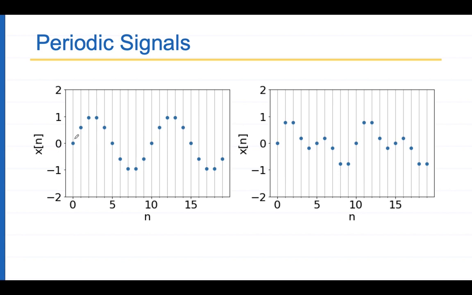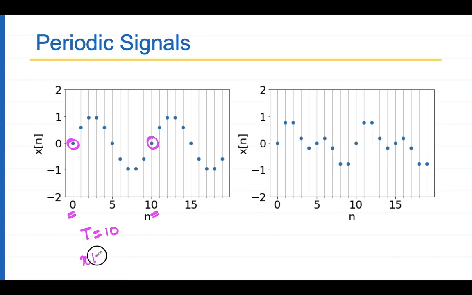So this is my entry, and this is the same thing. So everything starts repeating from here, and if this is at t equal to 0, this is at t equal to 10. So what is the time period? The time period is 10. And how do you represent this signal?